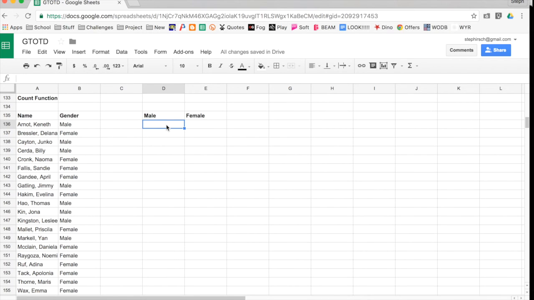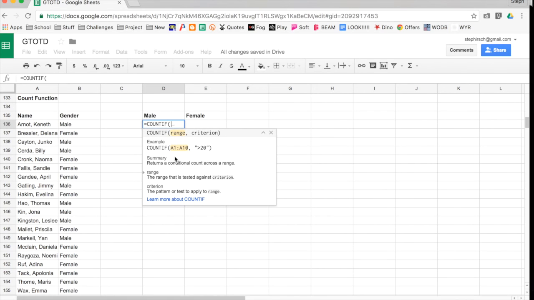So I'm going to start typing equals, because it's a function, count. Now if you just use the regular count function, it's going to count the number of entries in a data set. And what I want to do is I want to find out how many males I have, so I'm going to use the countif function. So the countif function, again, it gives me these lovely hints, tells me type in a range that you're going to be counting from, and type in a criterion.